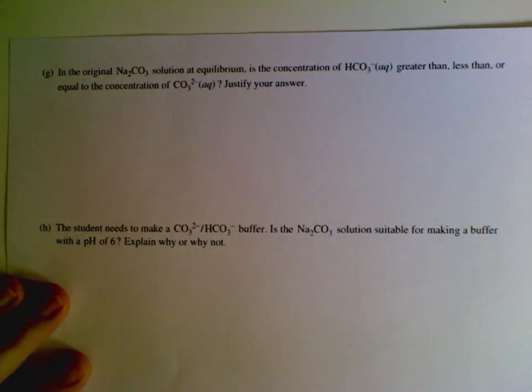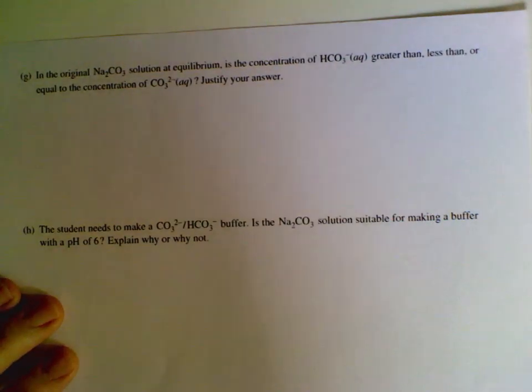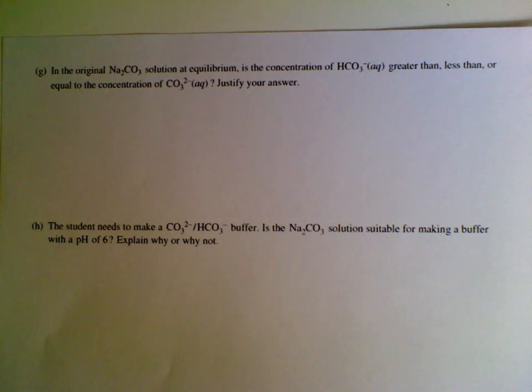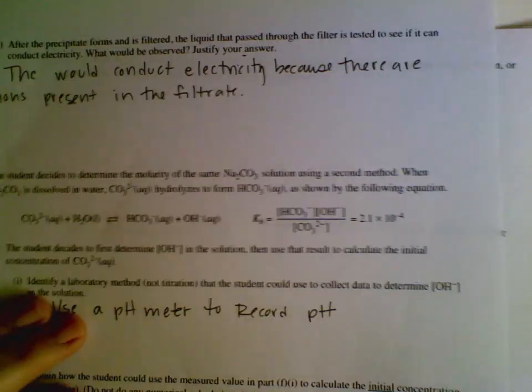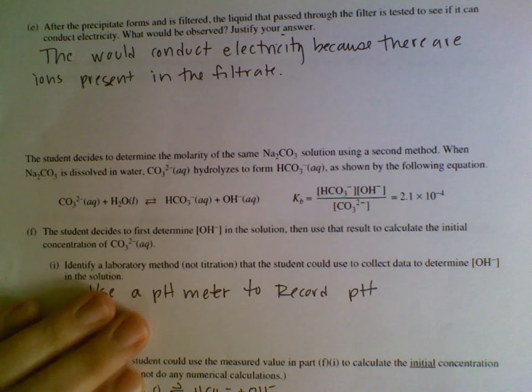Okay, last one. We did not have to do part H. So we'll be doing part G. It says, in the original Na2CO3 solution at equilibrium, is the concentration of HCO3- greater than, less than, or equal to the concentration of CO3 2-? And it says to justify your answer. This ties back to the original part of the prompt that shows me the KB value.